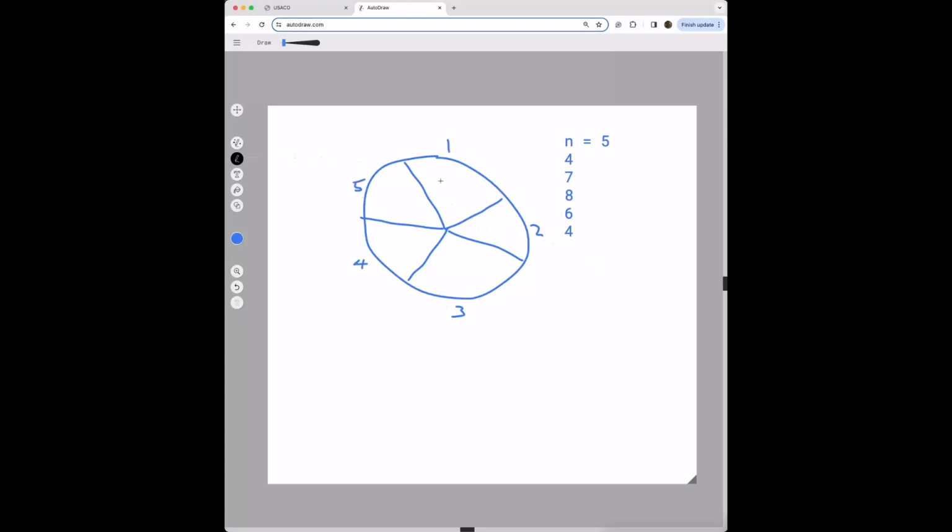So he wants 4 cows in here, 7 in here, 8 in here, 6 in here, and 4 in here. So we have to choose an opening or an exterior door to enter at any one of these rooms, so that if the cows walk clockwise, they will travel the least and fill up all the barns accordingly.